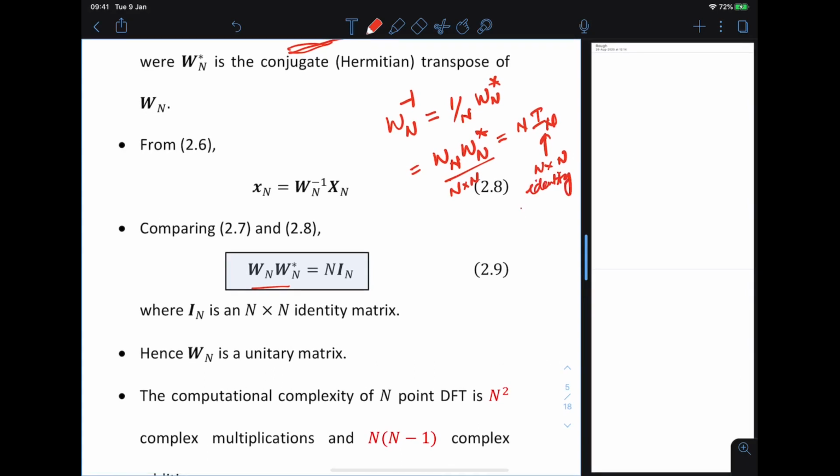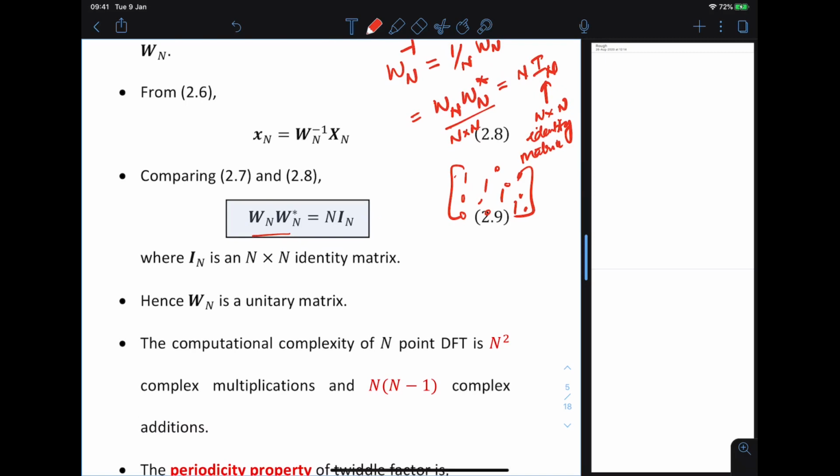Identity means it will have elements only on the diagonal, equal to 1, and the rest will all be zeros. That is known as an identity matrix. This is a relation, an important property of your DFT matrix.